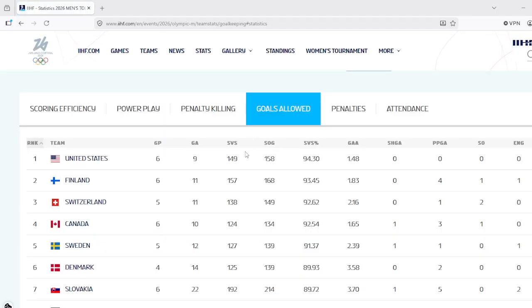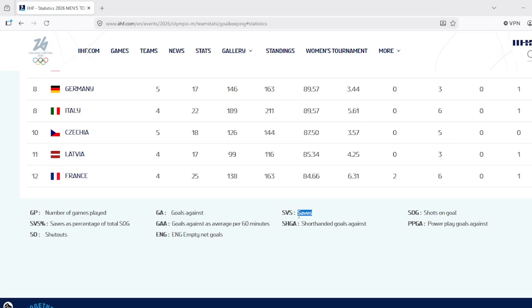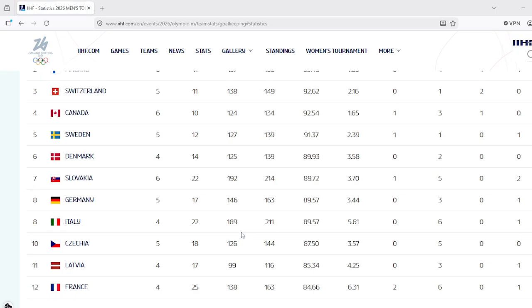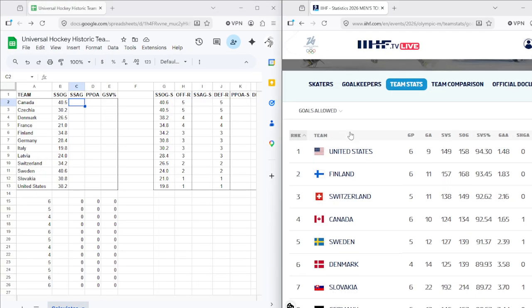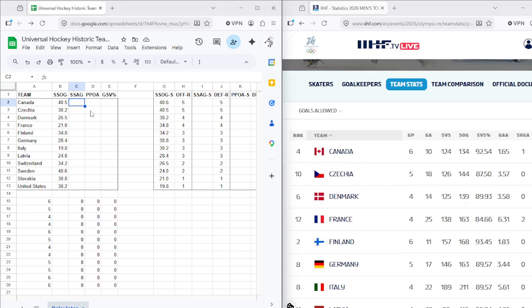So if we go over here to goals allowed, SVS is saves. That's usually an indicator that a lot of saves are happening, or a lot of saves is an indicator that you're letting a lot of shots in on your goalie. And whether or not your goalie is actually making those saves, really that's what we're looking for.